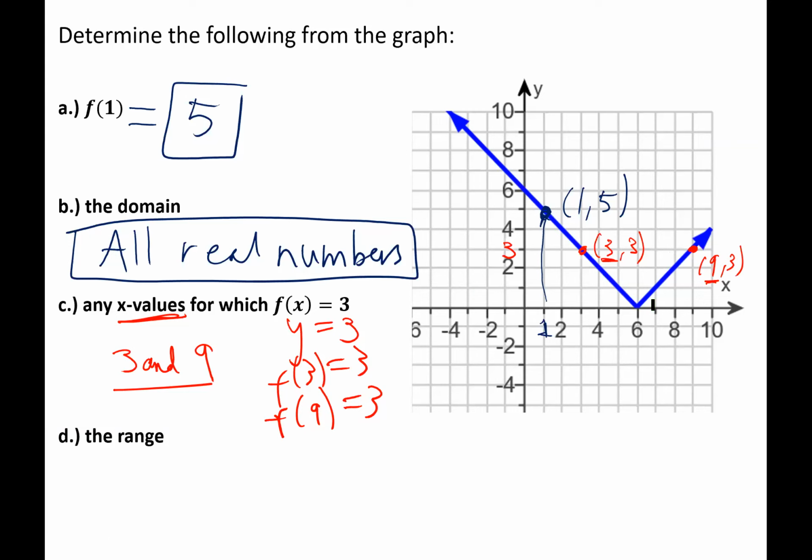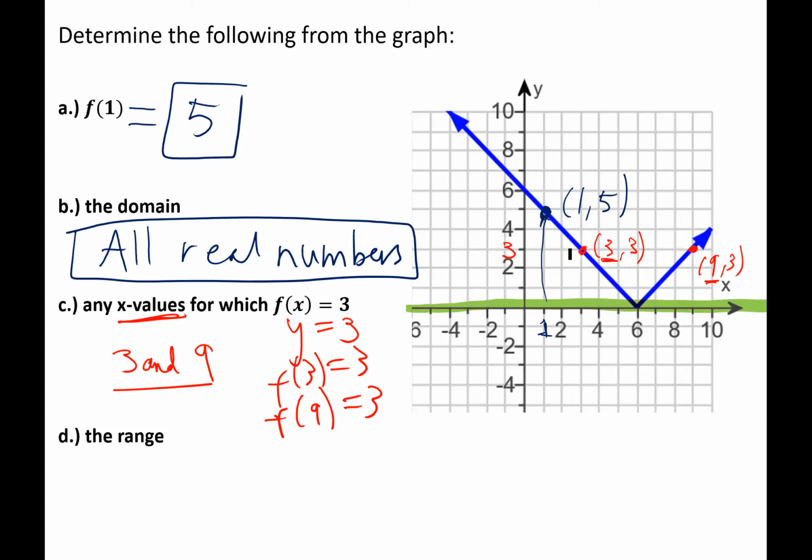I can kind of draw a boundary line for my graph here. The graph doesn't go below here. The lowest y value is this point or corner of the V shape. That y coordinate is 0. So that's the lowest value of y to be found on this graph.